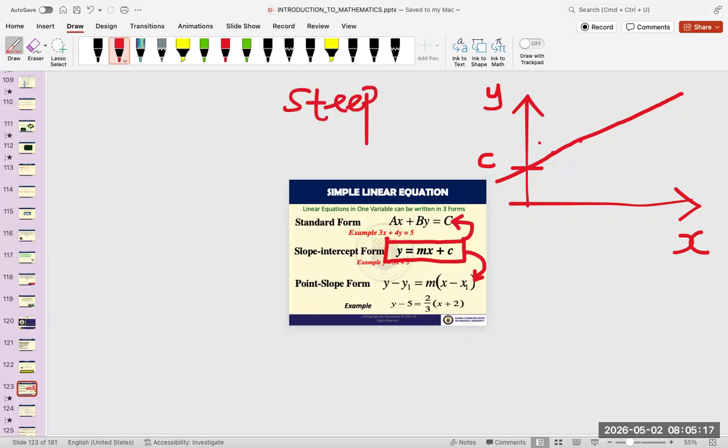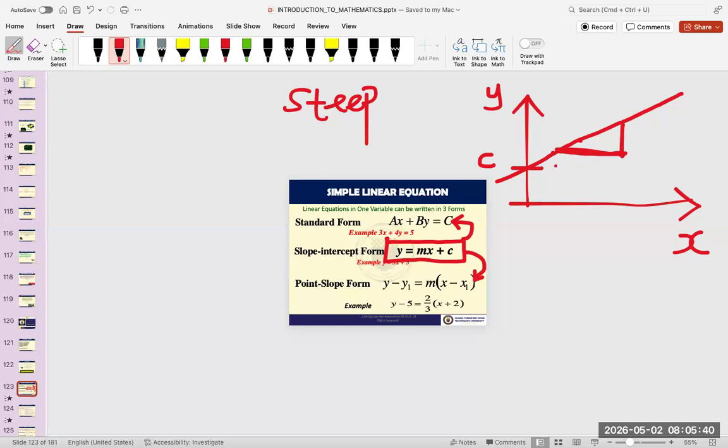And then to know the steep of the line, like climbing a mountain, you were asked to find the change in x and the change in y, like a right angle triangle.